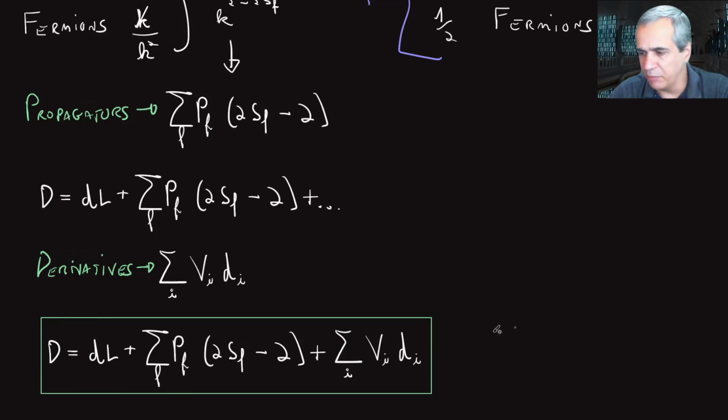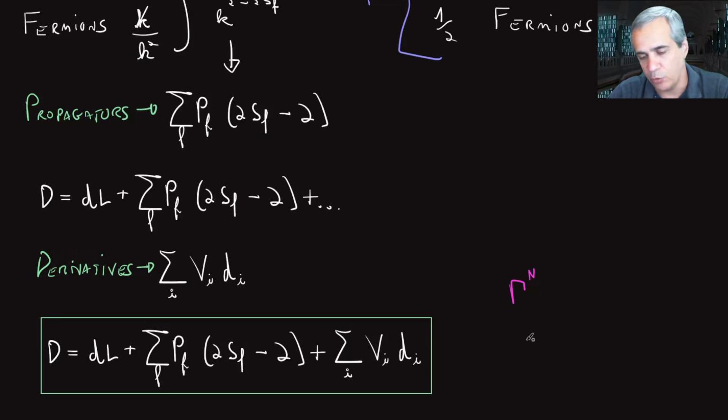Now, you might remember from video 10 that this is not really the form of the superficial divergence that is very useful to us, because what we're really interested in is to look at N-point functions, right? Big N here is the number of external legs, right? And we want to know what happens to this as I increase my perturbative expansion, right?